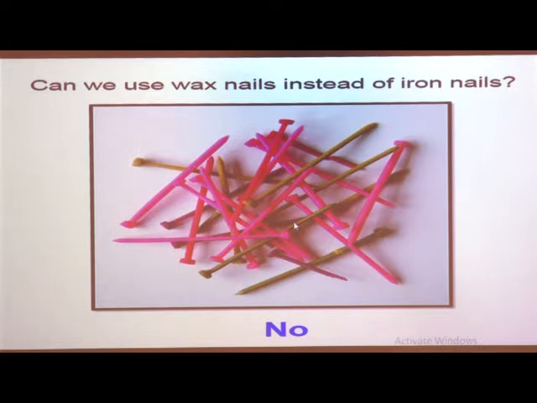No. This iron nail shouldn't be made of wax because it cannot go inside a wall. So, there are a few things which should be made of that material only. If we made a different kind, it is not useful. So, the nails should be iron nails only, so they can go properly in the wall and we can use them.